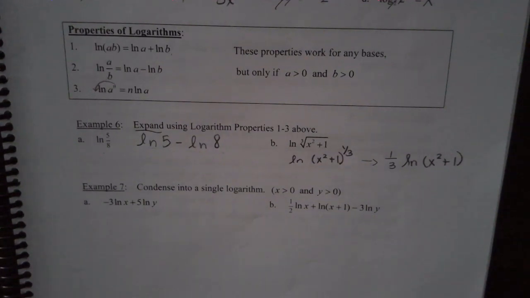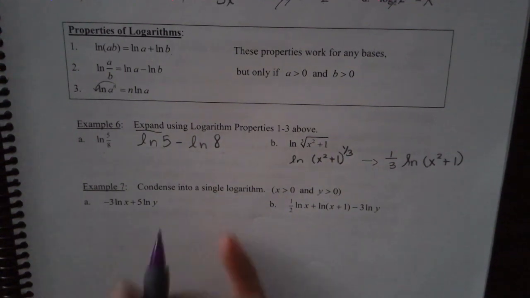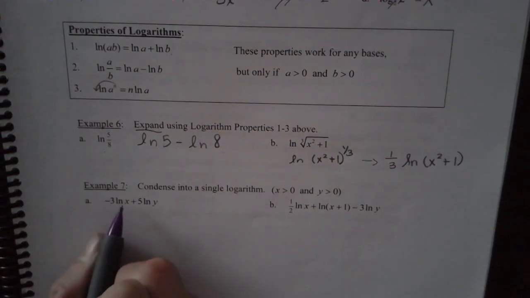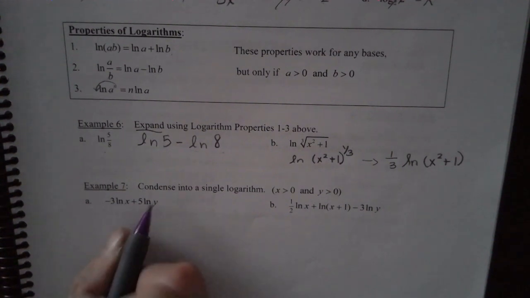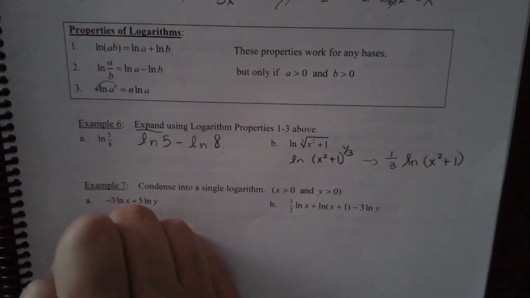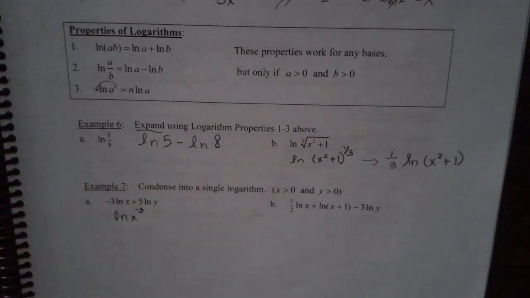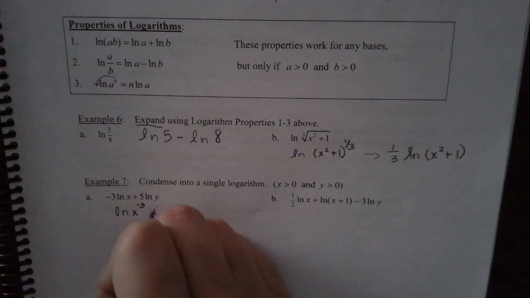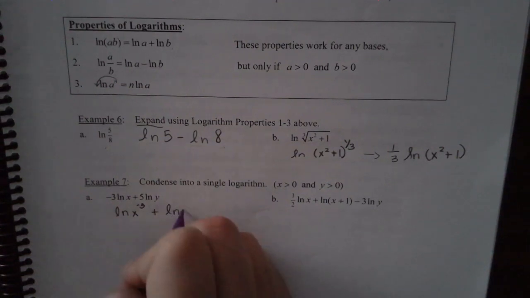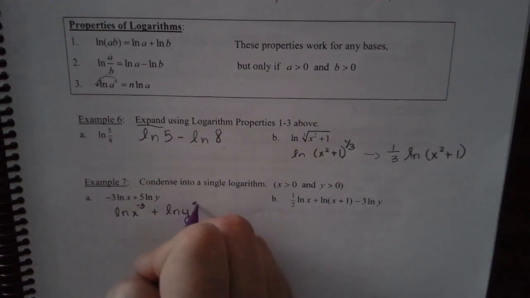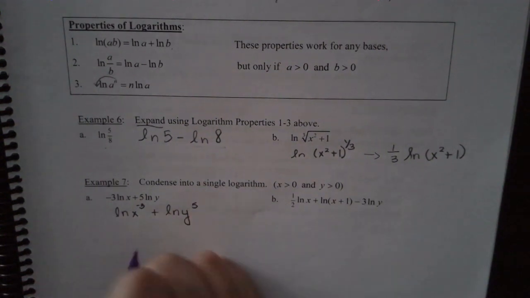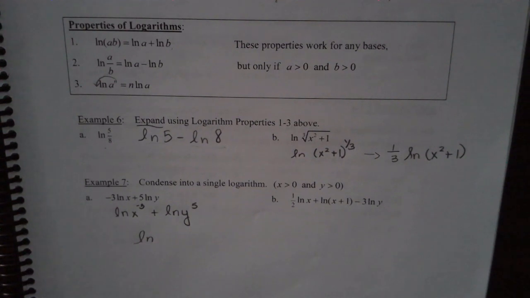Condense into a single logarithm. So we're going to make this into 1 ln. The first thing we are going to have to do is put our exponents back. So we get ln x to the negative third plus ln y to the fifth. We have 2 ln's. We're going to condense this into 1 ln. And then with addition, what do we do? We multiply.